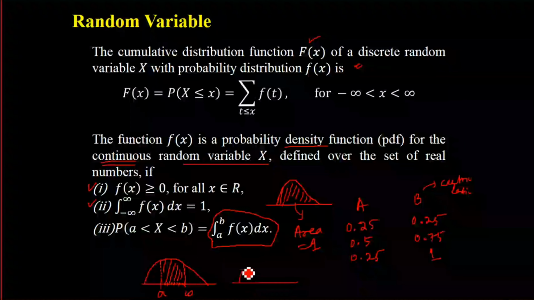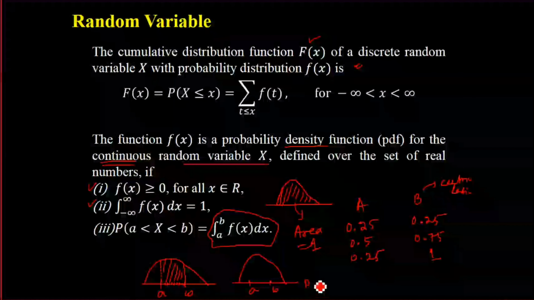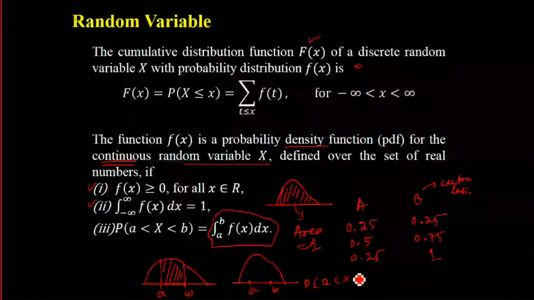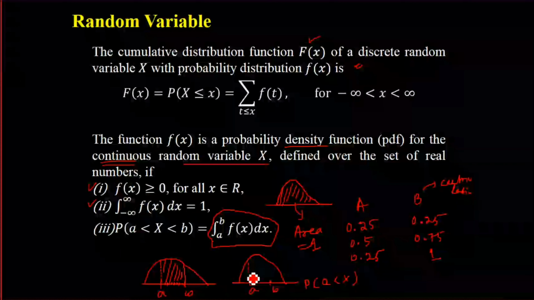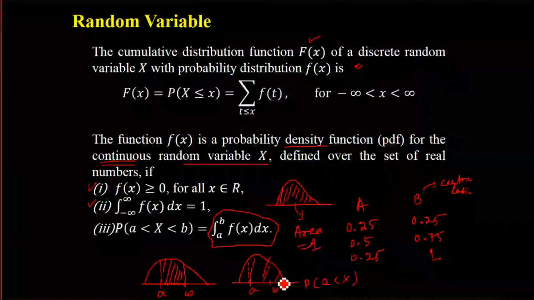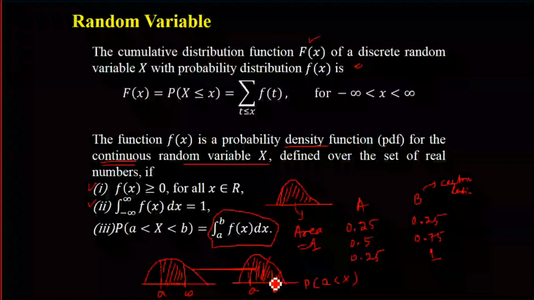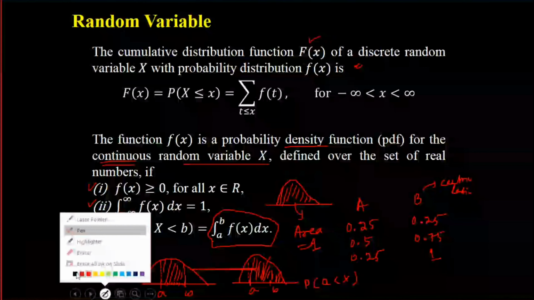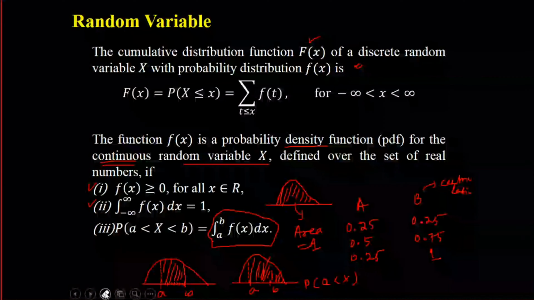Now, same if I do this, you can write A, B. Now if I find the probability of A less than X, that means this region. Clear?